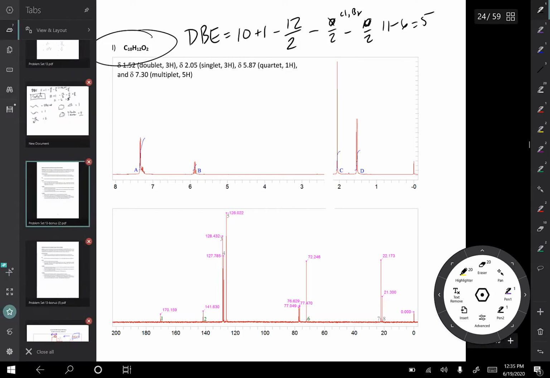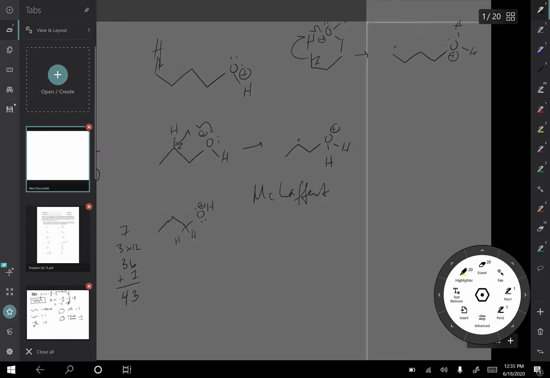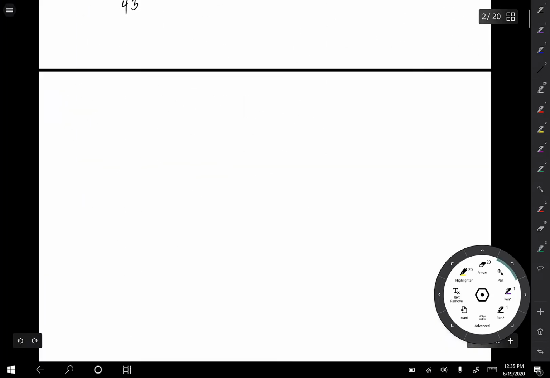I want to say this because I saw a couple questions in my office hours about this. So double bond equivalence, when you have, let's say you just have one, this can be a double bond or a ring.